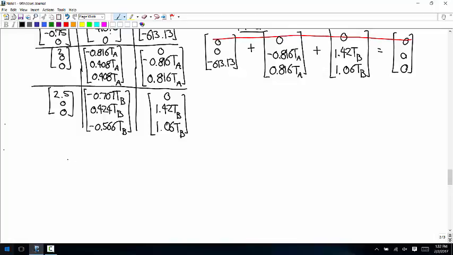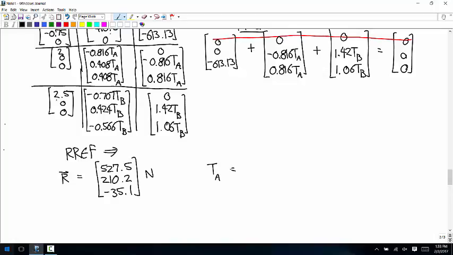And what you would get out of this with reduced row echelon form is an R vector equal to 527.5, 10.2, negative 35.1, and then TA is equal to 429.6, and TB is 247.7.